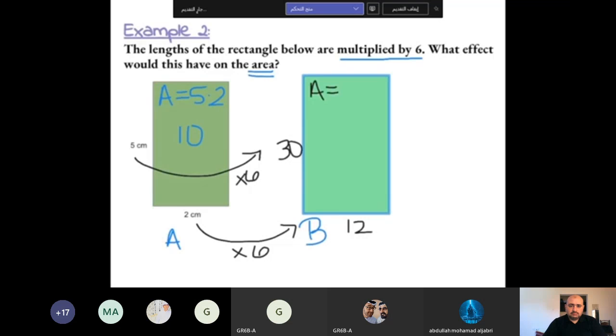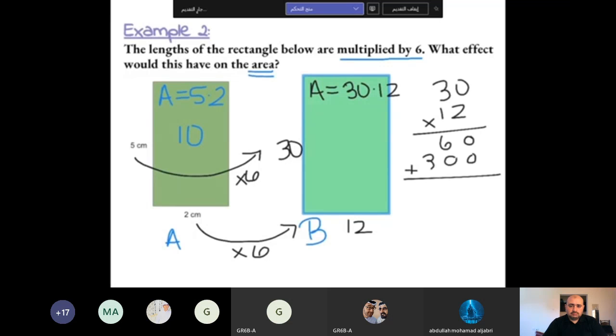So figure B would have an area of 30 times 12. This gives us 360. So our sides increased by 6 times the amount, so the area should have increased by 6 squared the amount. 6 squared is equal to 36 times greater.